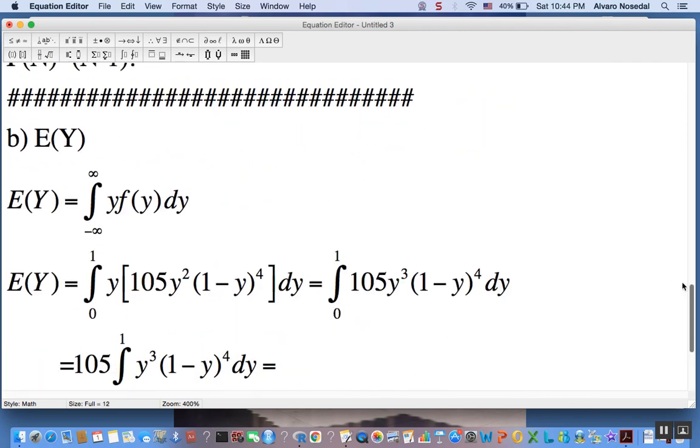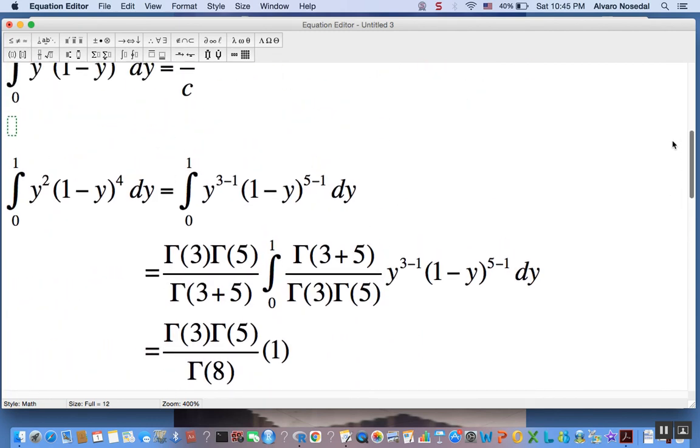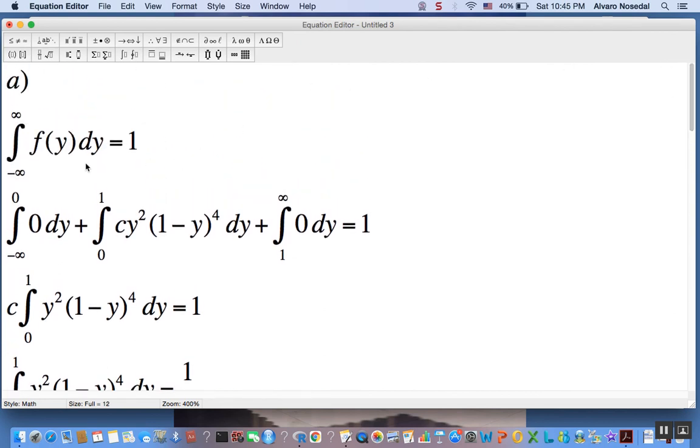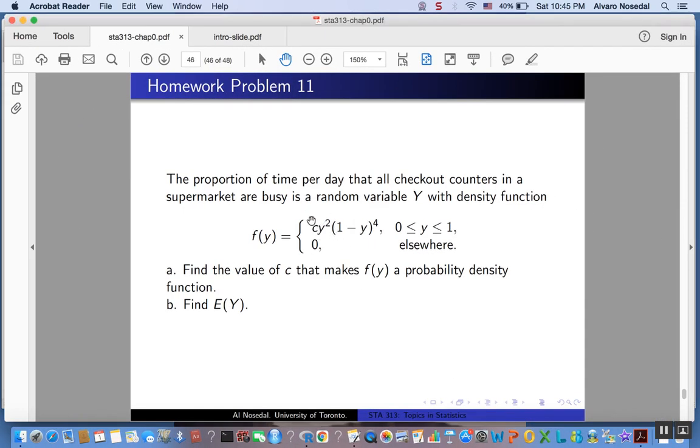So now let me show you how we can use R to do this. First we wanted to find that constant, right? Let's go back to the original problem. We wanted to find the constant c that made that expression a legit PDF. So if we found the integral from 0 to 1 of y squared times 1 minus y to the fourth power, then the reciprocal would be our c, right?